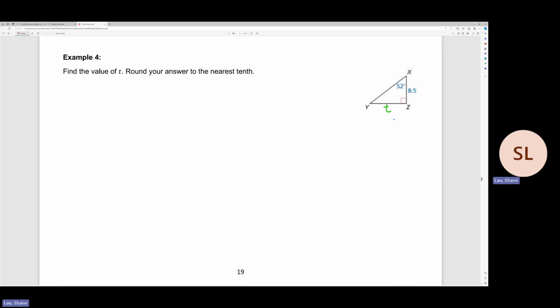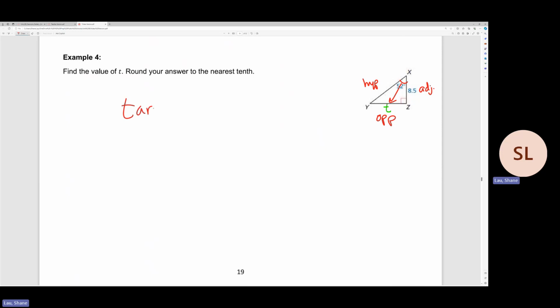Looking at this problem, I'm looking at the angle of 52 degrees. This side is my opposite, that's my T, and 8.5 is the adjacent. I don't know what my hypotenuse is, and I don't care about it, because I'm not looking for it. I'm looking for T, and because I have my opposite and my adjacent, I'm going to use tangent.